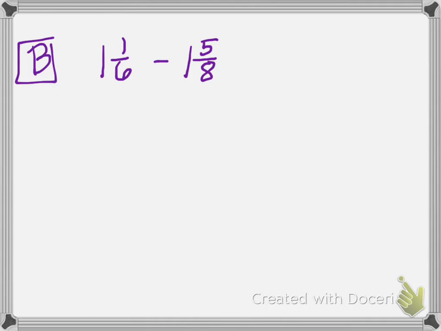Here's B. Now I see I have mixed numbers, so now I have to rewrite them as improper fractions. 6 times 1 is 6, plus 1, and I get 7/6, minus 8 times 1 is 8, plus 5 is 13/8. Okay, so 6 and 8. What would be a multiple of both that they have in common?